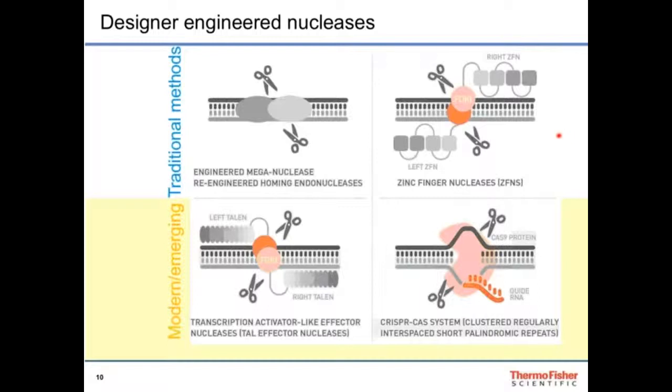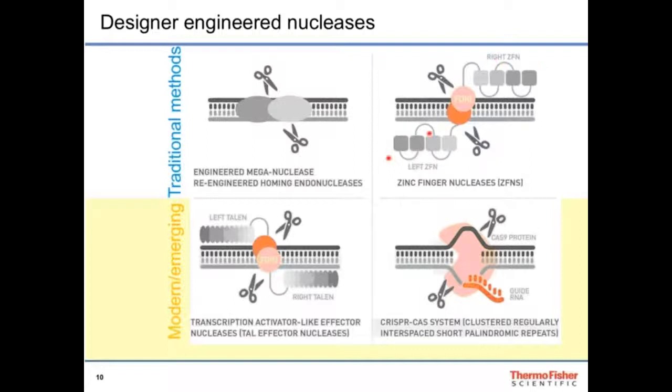This slide gives a quick snapshot of the tools that have been evolving in order. First there were the meganucleases and the zinc fingers. As you can see from the cartoon, the way zinc fingers work is that we have two zinc finger nuclease molecules binding around a cut site. Each of them brings with it a monomer domain of FokI nuclease.